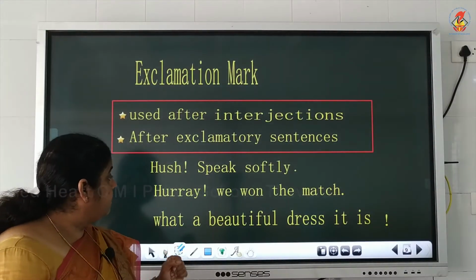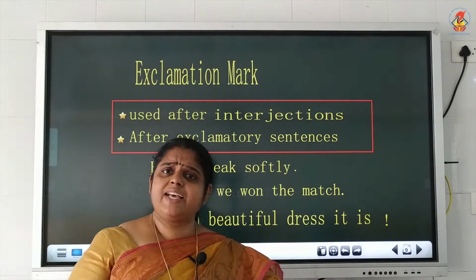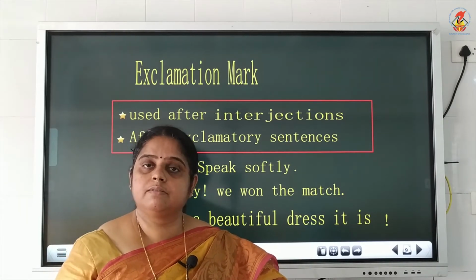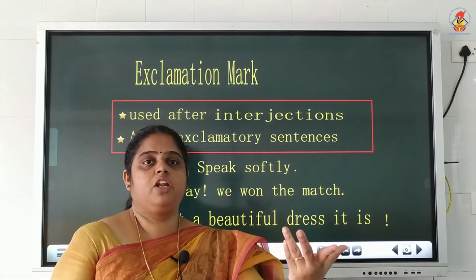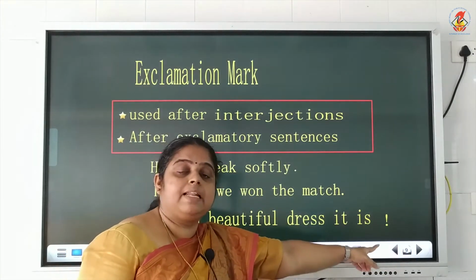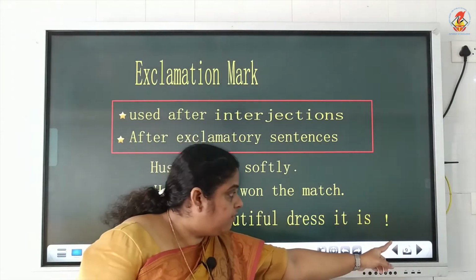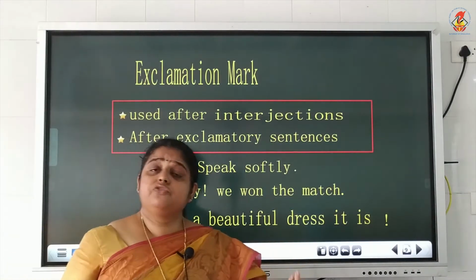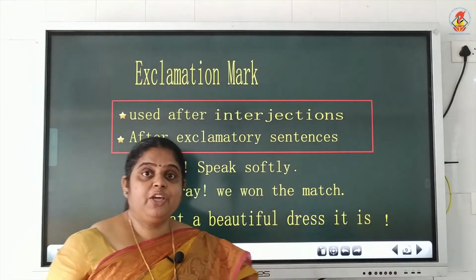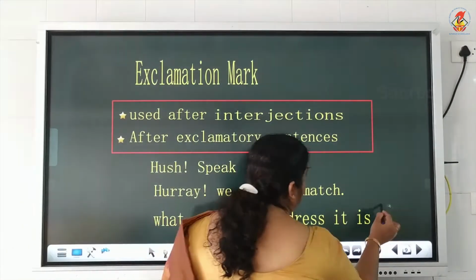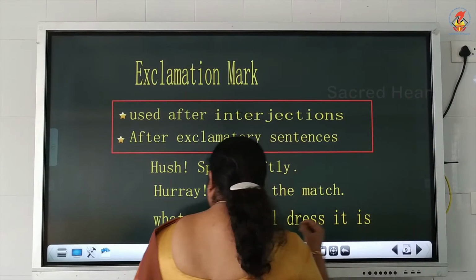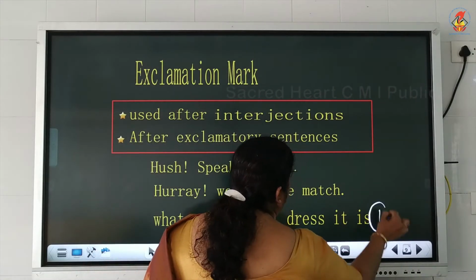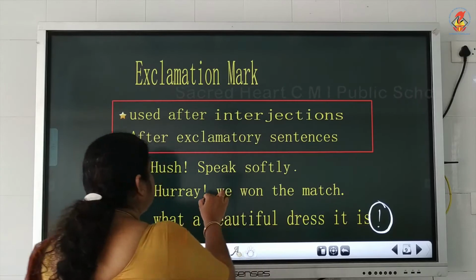Third example, what a beautiful dress it is! We don't say it flatly. No. When we say it with expression, it's called an exclamatory sentence, and we will put an exclamation mark after that. What a beautiful dress it is! This is the exclamation mark.